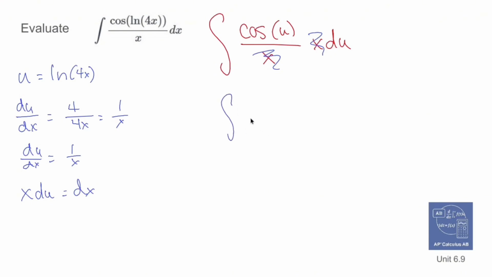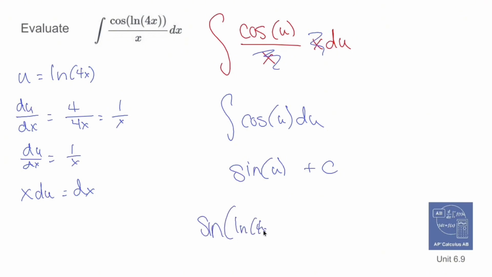So now I'm left with the integral of cosine u du. The integral of cosine is sine, so sine u plus some arbitrary c. And since I wasn't given u to start out the problem, I have to plug ln of 4x back in for u. So I have sine of ln of 4x, close it, plus c, and that ought to do it.